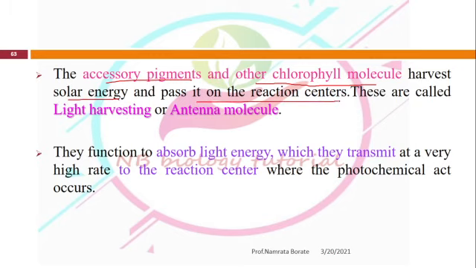The reaction center is a chlorophyll a molecule. These are called the light harvesting or antenna molecules. Their function is to absorb light energy which they transmit at a very high rate to the reaction center where the photochemical act occurs.